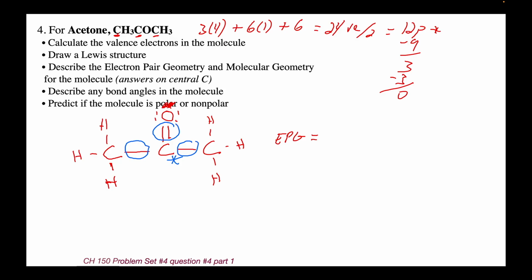So what that means here, there are 1, 2, 3 clouds around that central carbon. The double bond counts as just one cloud, and all 3 of them are connected to atoms. There's no lone pairs. So if you look on the piece of paper from the lab, electron pair geometry is called trigonal planar.